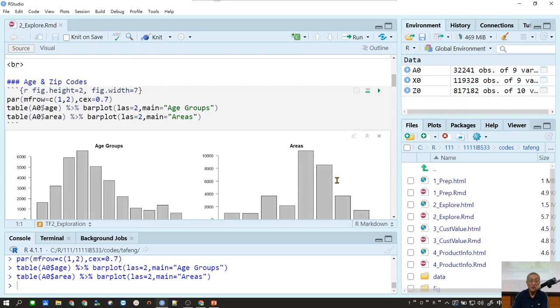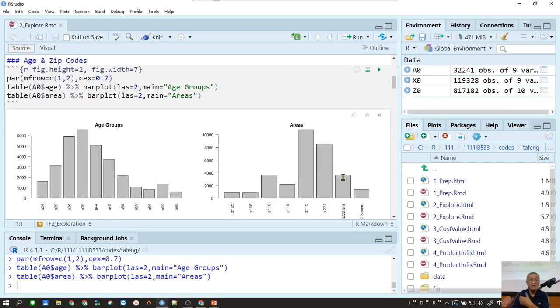And usually, because we have like 32,000 customers, right? If we want to look into the characteristics of each customer, it would be too messy, right? You cannot like see them, right?